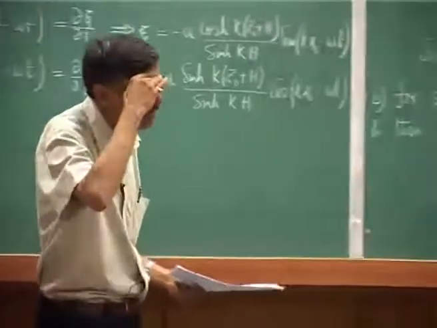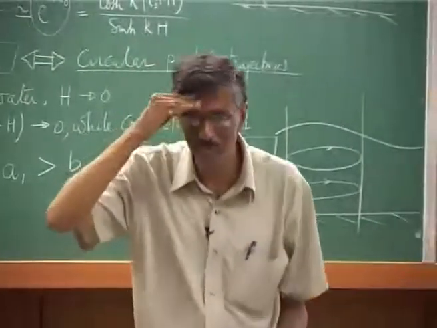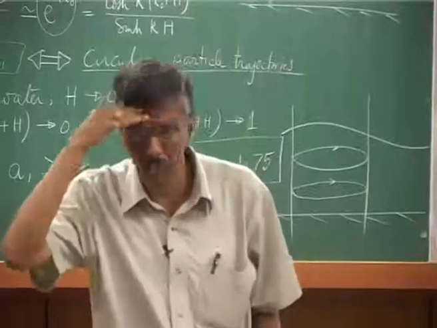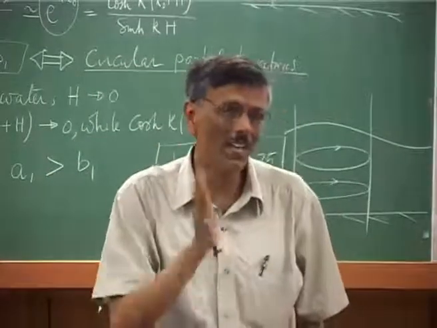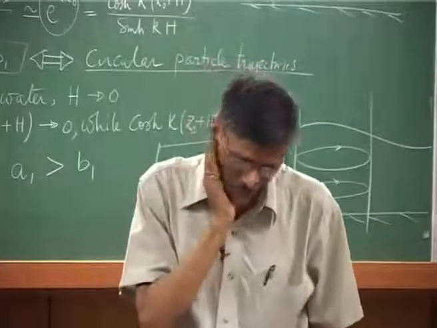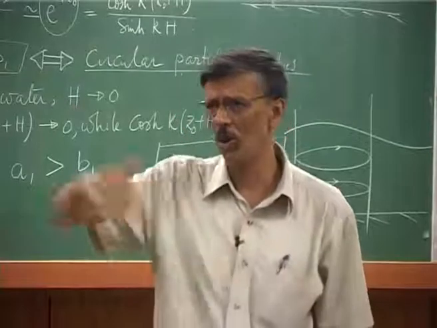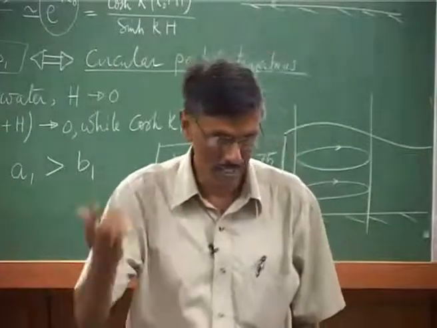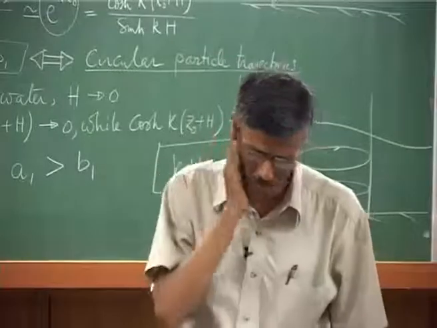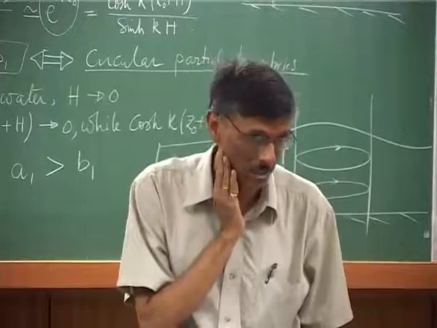Now, a bit of trivia or information. If you look at ocean waves, if you are very close to the continent, what is called the continental shelf, the depth of water is roughly around 100 meters or so. But if you go to the open ocean, a little farther inside the deep sea, it would be of the order of a few kilometers, something like 4 kilometers or thereabout.